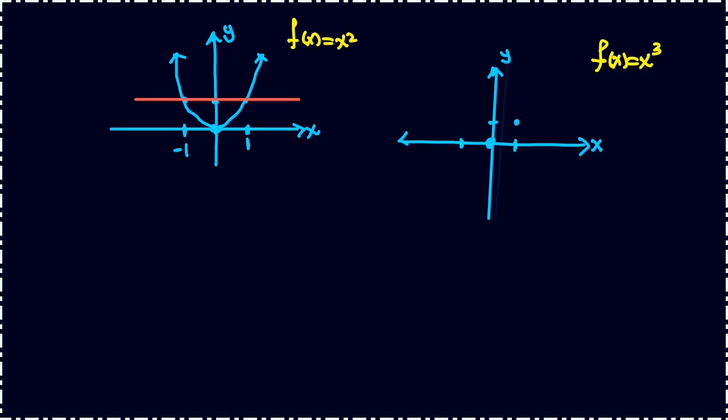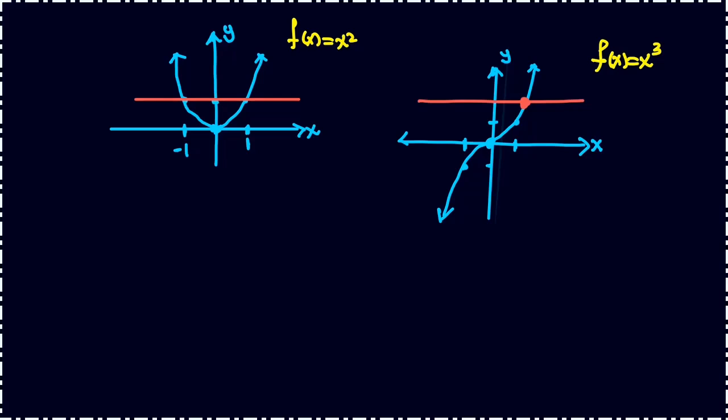The cube of -1 is -1. You could pick more points. For instance, you can pick 2. 2 cubed is 8, and -2 will give you -8, creating the S-shaped graph.